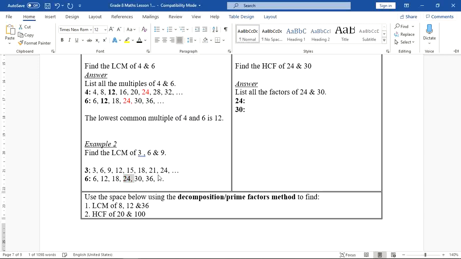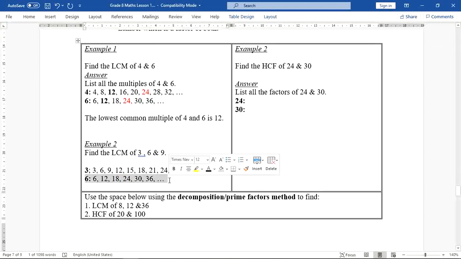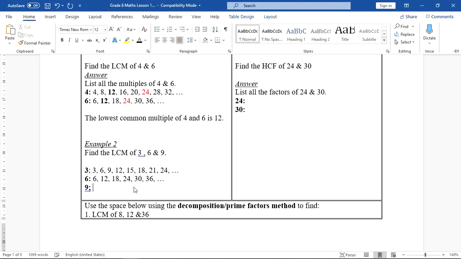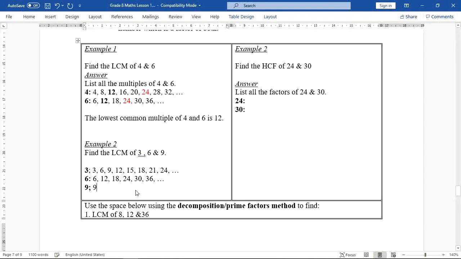Now we have a task of listing the first 5 multiples of 9. So the first multiple of 9 is 9, followed by 18, followed by 27, followed by 36. Then the last one will be 45.